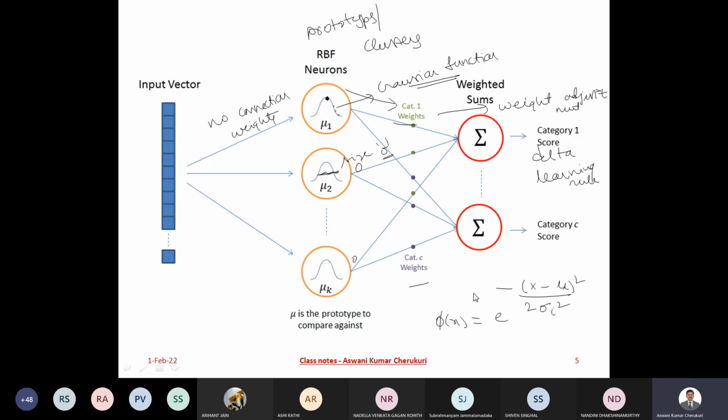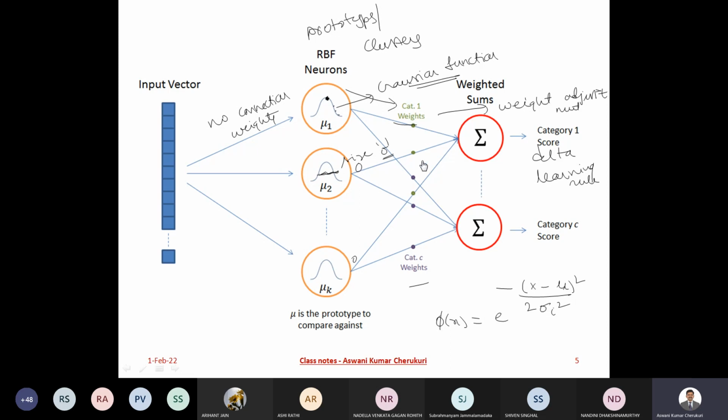Now we will try to understand the cluster centers a little bit also, for our better understanding purpose. In fact, the last few days I was trying to get some better illustration for the RBF.